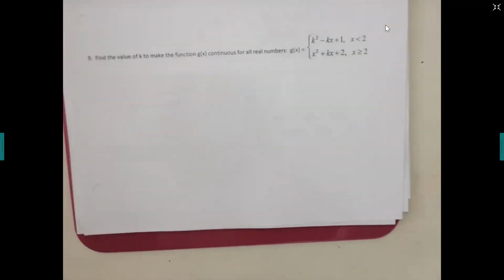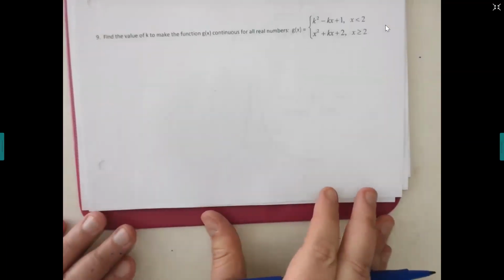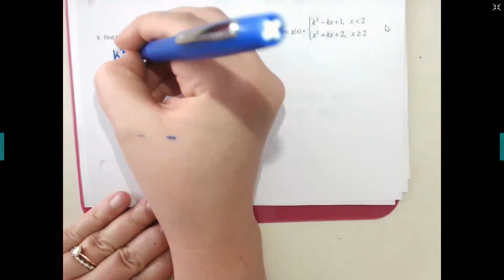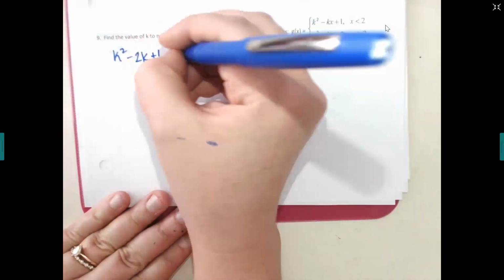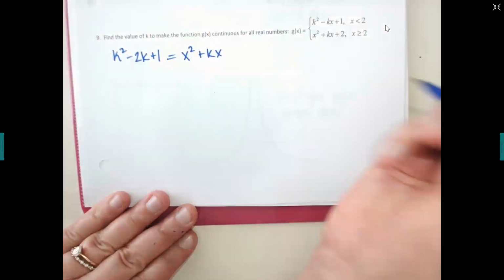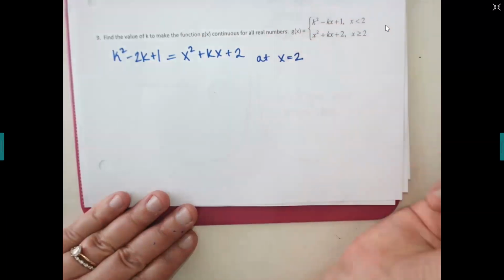Okay. Last question. Let's just go over it so that we can get y'all into your Delta Math. So you should have k squared minus 2k plus 1 equals x squared plus kx plus 2. We're plugging in x equals 2.